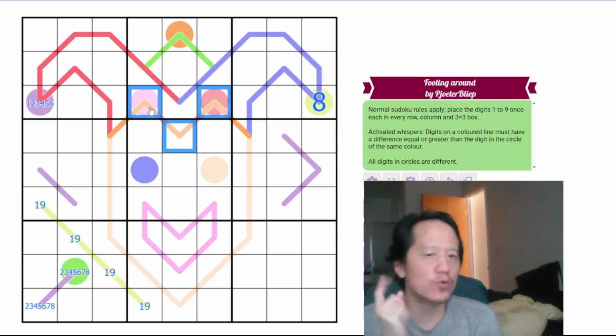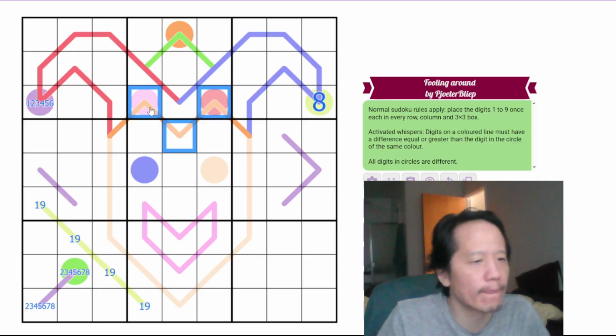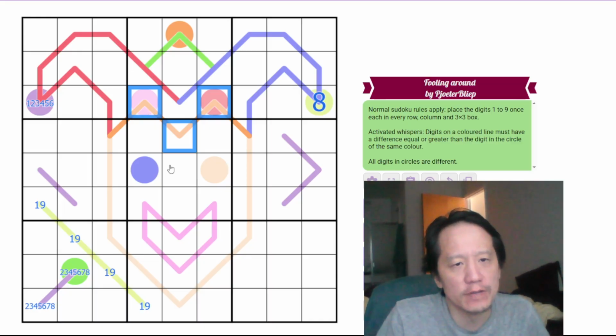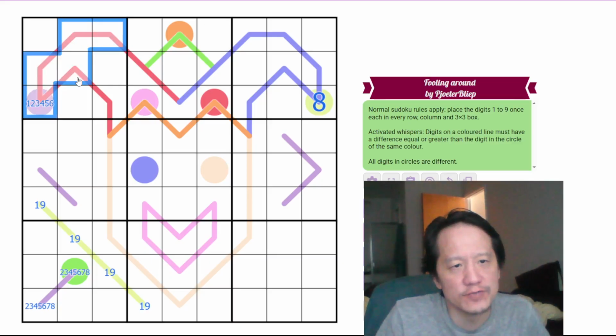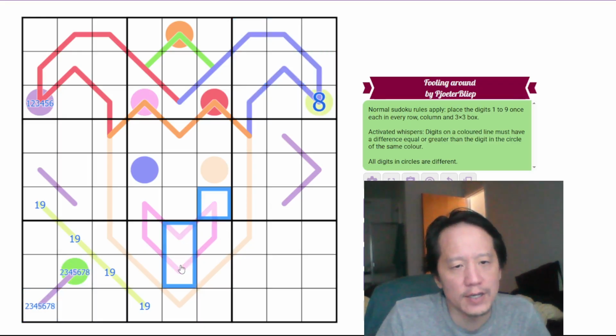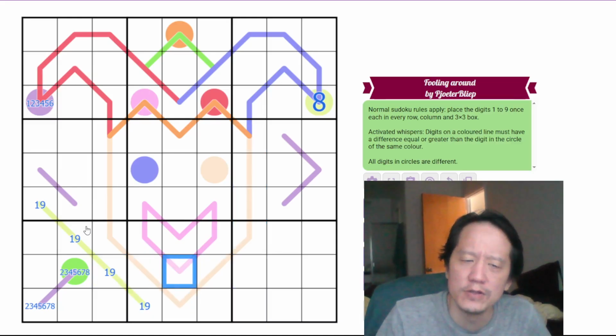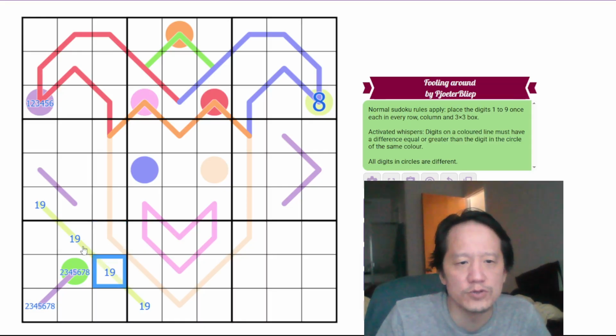Otherwise, if orange... So, okay. Red obviously can't be the difference of 7. Blue can't be the difference of 7. We've ruled out lavender. Pink can't be either. Tan cannot be. Well, actually, maybe. No, because this is 2 or 8, and this would be the same digit.